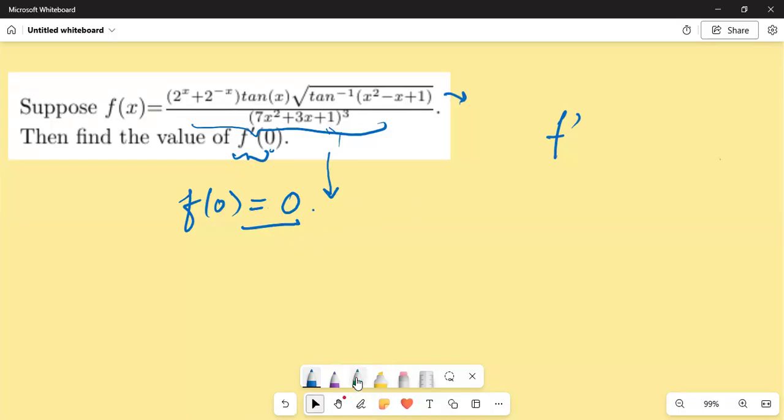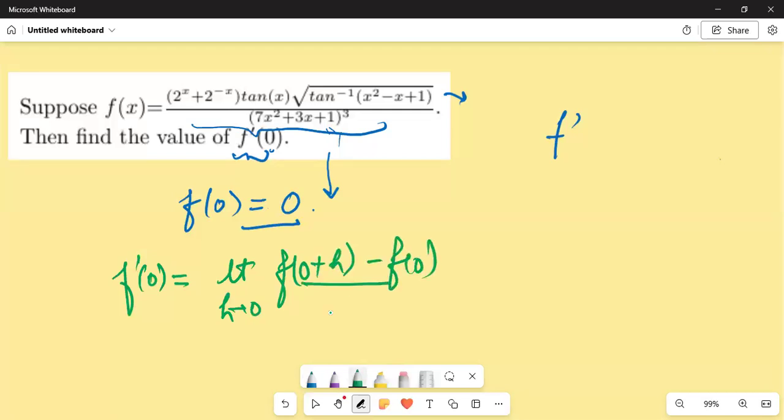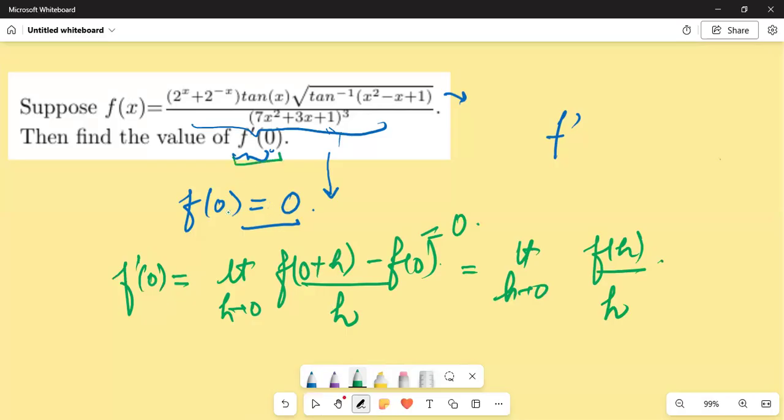Using the basic definition of derivatives at the point 0 for this function f, the derivative at 0 is given by the limit as h tends to 0 of (f(0 + h) minus f(0)) upon h. Now you know that f(0) is 0. So you just need to find this limit in order to find the derivative of f at the point 0.